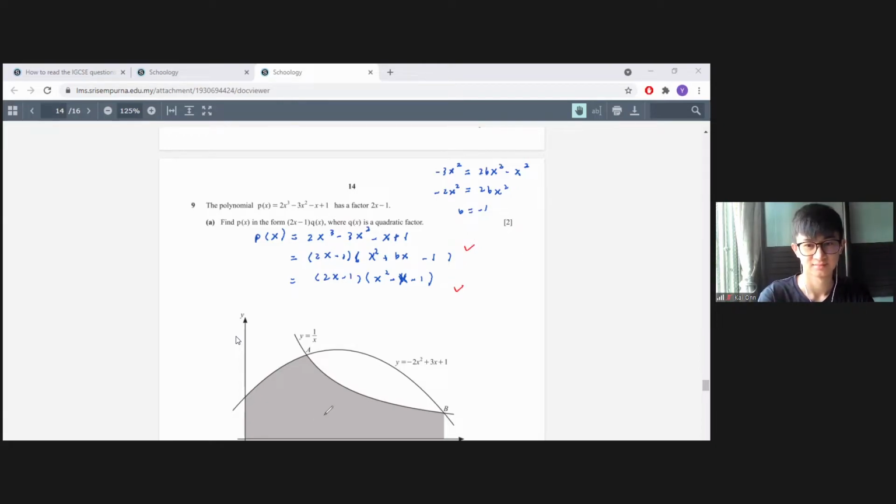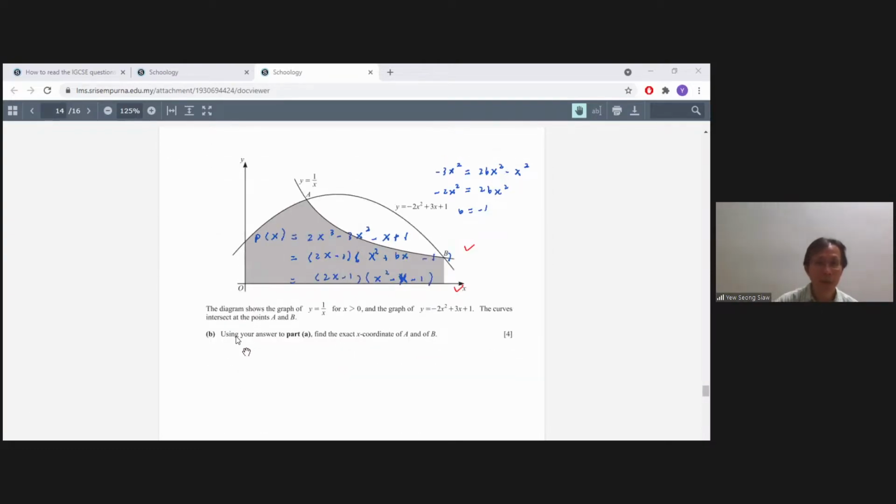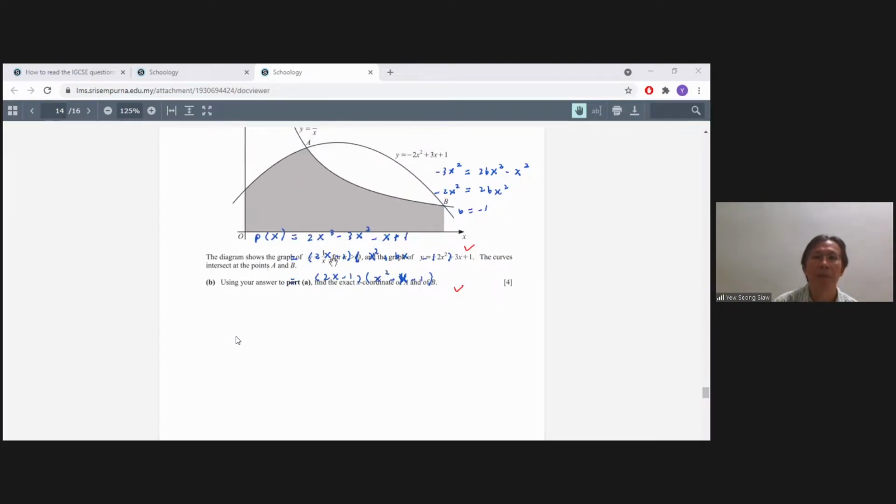Now we continue the second part. Using your answer in part 1, part A, find the exact x coordinate of A and B. The second part, we want to find the coordinates A, B. A is here, B is here.